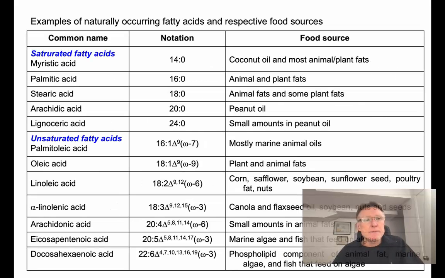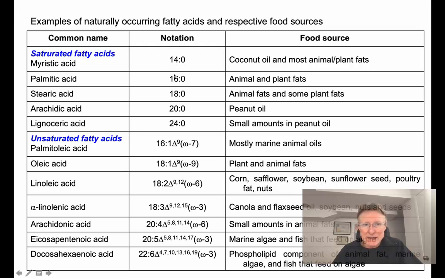So this chart lists the saturated fatty acids that we usually find in foods, and also the unsaturated fatty acids. The important thing here is that nobody needs to memorize all these names and numbers. The point I want to make is that the saturated fatty acids all have notations like 14:0, for instance, for myristic acid: 14 carbons, no double bonds.